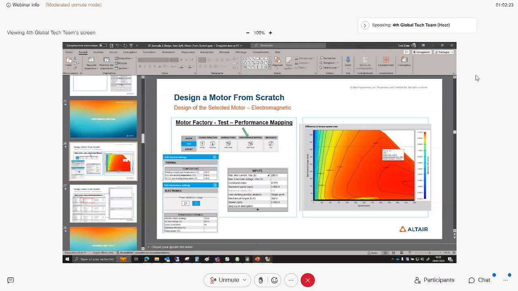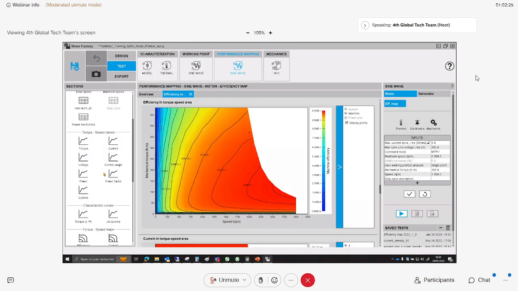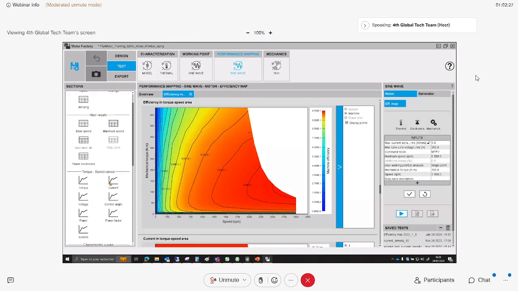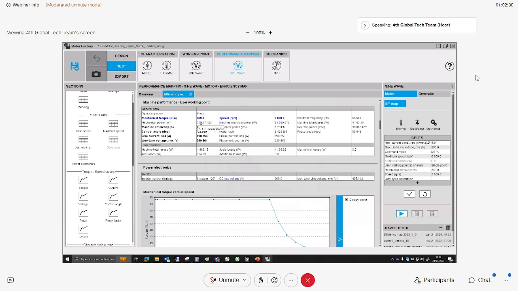And actually, you can go to the user working point, which is at 2000 RPM. This is the one specified in the specification. So this machine can definitely give us this torque at this speed with quite good efficiency.